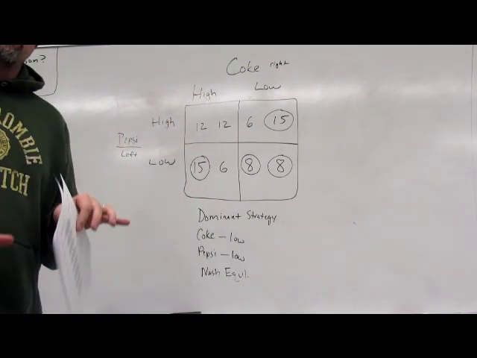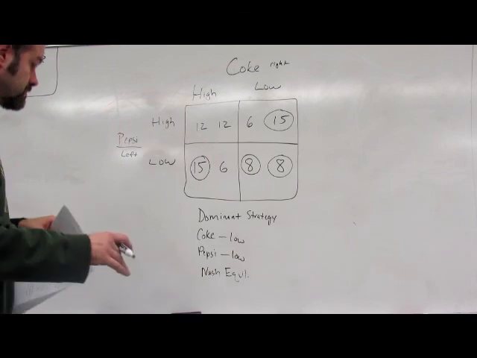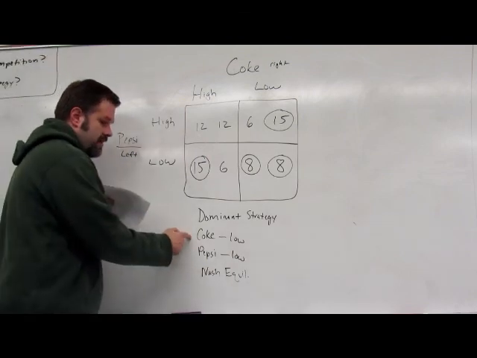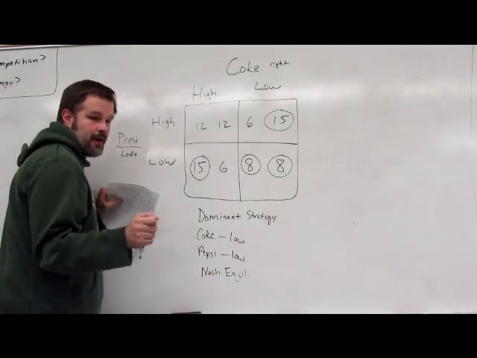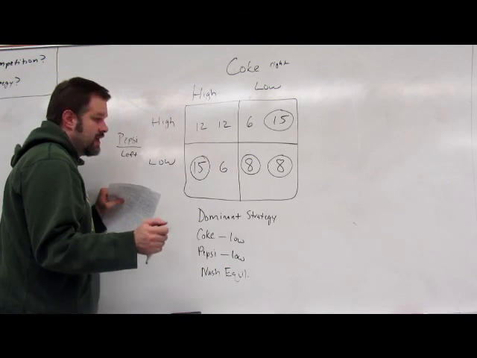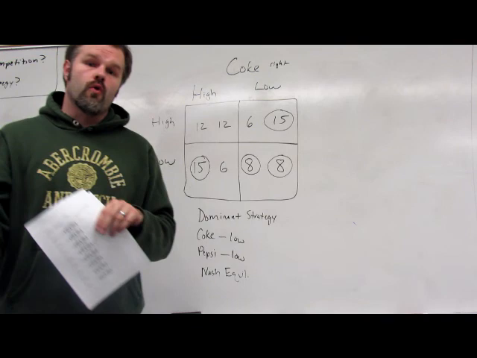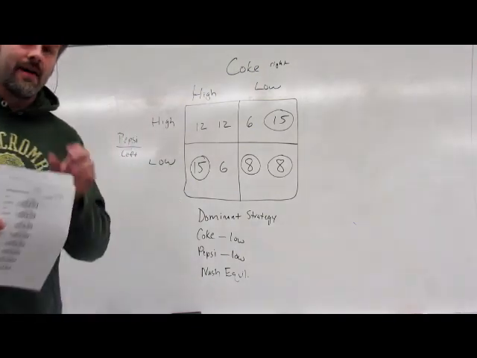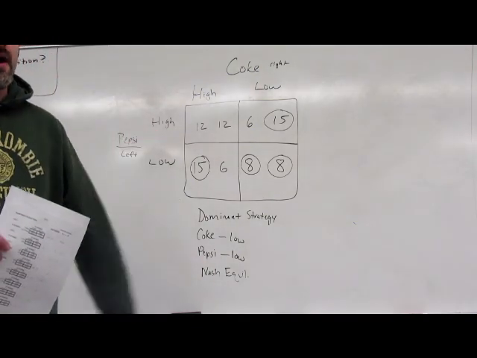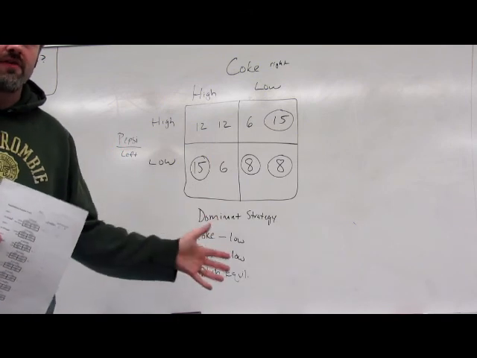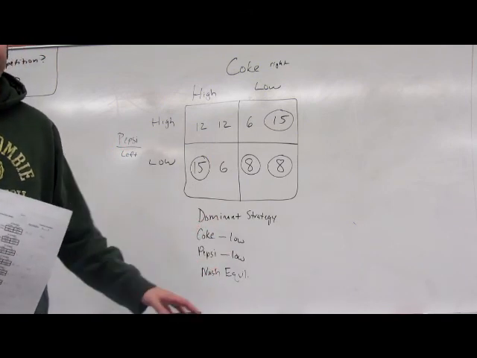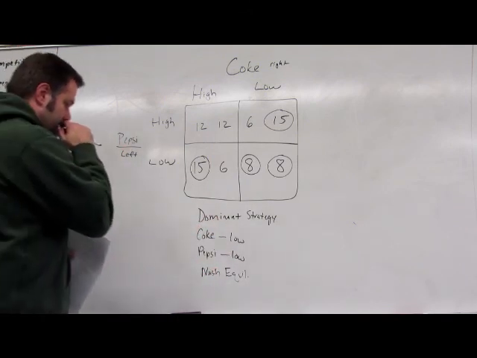Again, that only occurs if you go with the same strategy no matter what the other firm does. Some of the examples that we're going to be looking at, one or the other doesn't have a dominant strategy, and that's fine. It's just if one firm will do something no matter what, they have a dominant strategy.